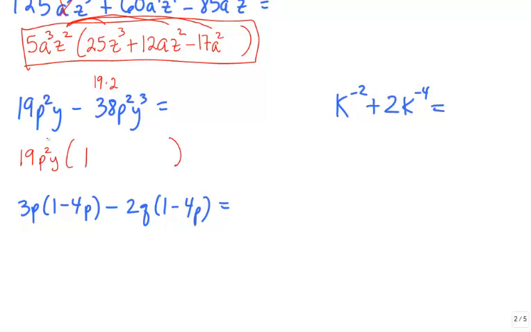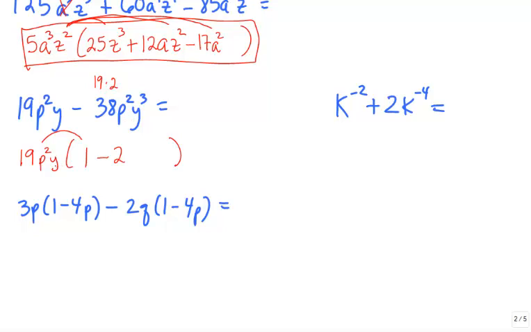And you need that 1 because you need to be able to multiply by 1 to get back that 19p squared y. Now when I go to the next term and I divide 38 by 19, I'm going to have this 2 left over, and I also need a minus because there was subtraction in between here. So I need a minus 2. If I pull out a p squared, but I only started with a p squared, that means I won't have any p's left.